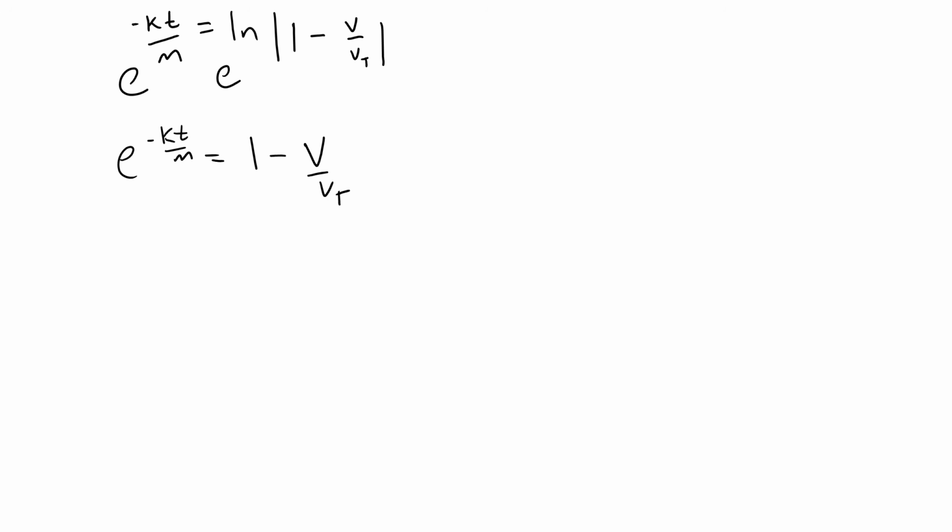Well, I've got minus v over vt, so I'm going to add that to the left side. V over vt equals 1, and then I'm going to subtract the e to the negative kt over m on the right side. Okay, we're getting closer. All I have to do is multiply both sides by vt.